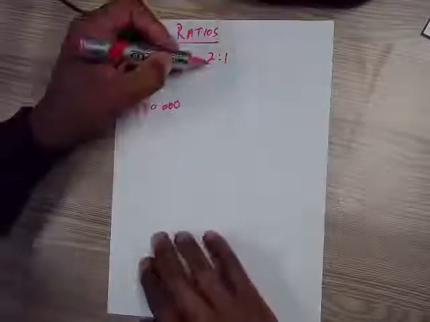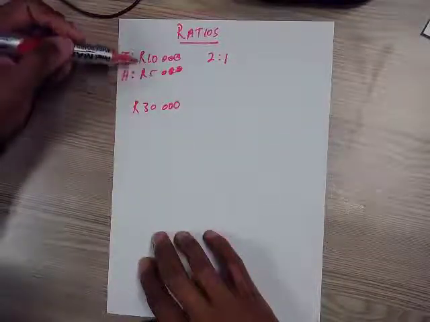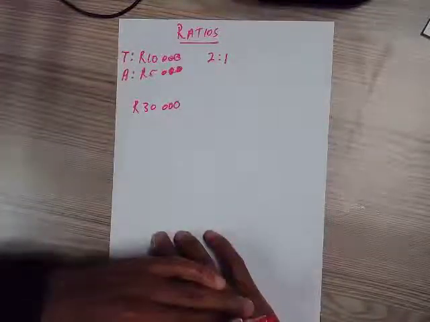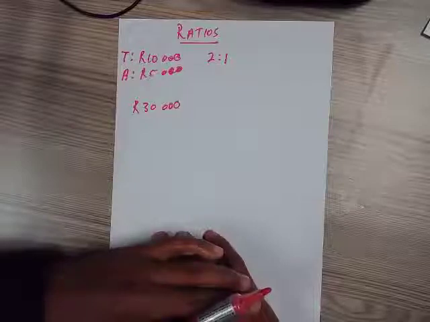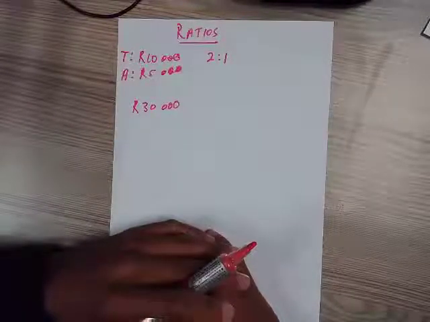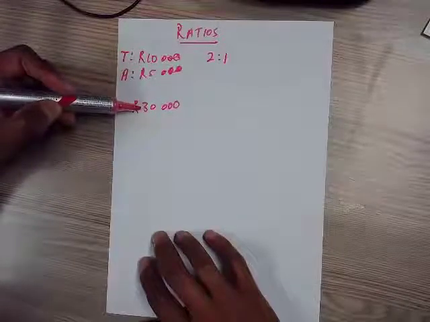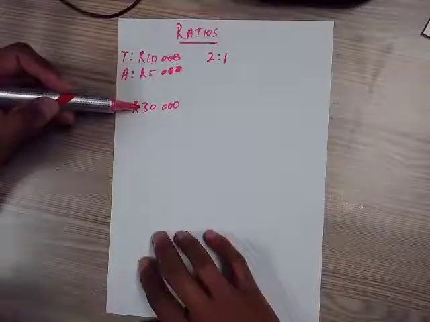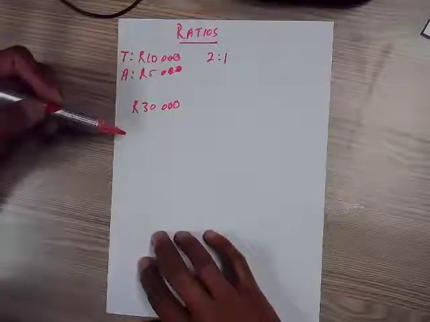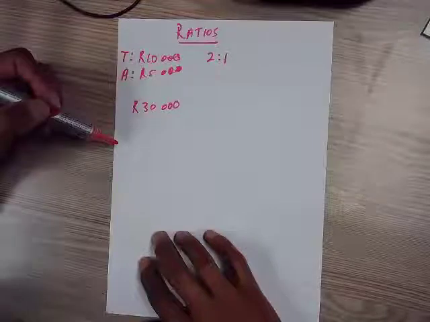Our ratio is 2-to-1, meaning I have twice what he should get. But how do you calculate it mathematically? Obviously you will know that he should get 10,000 and I should get 20,000. 20,000 is twice what he got.